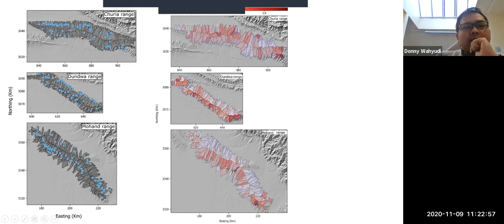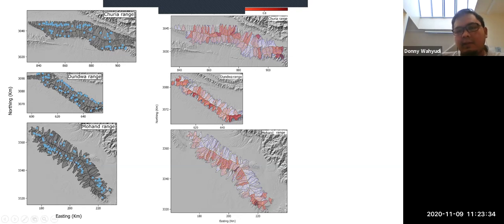And we also have an alignment to the south of the western Churia range. But the north flank on Churia range has a stronger knickpoint alignment. And if you look at the Dundua range, it also has the alignment feature of knickpoints, both in the north and to the south. And if you look at Mohan range, it has a really strong knickpoint alignment to the south of the range.